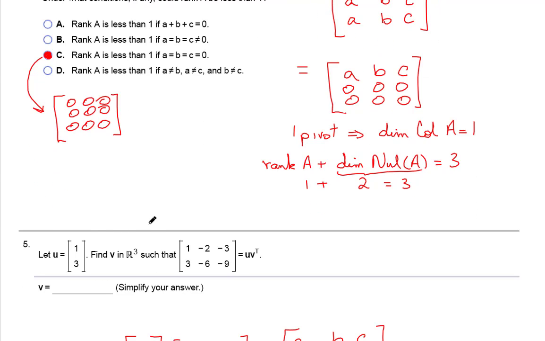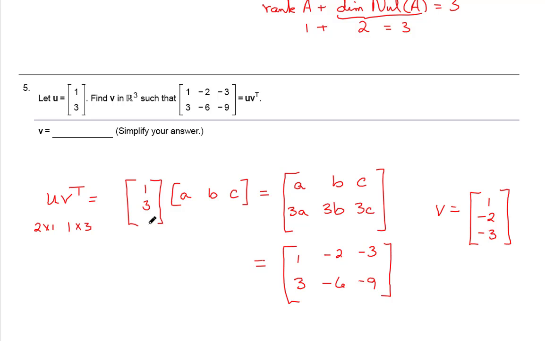Alright, so let's see. In question 5, I want to find a V where U times V transpose is this matrix. If I want to make this multiplication make sense, I've got a 2 by 1, multiply it by a 1 by 3.